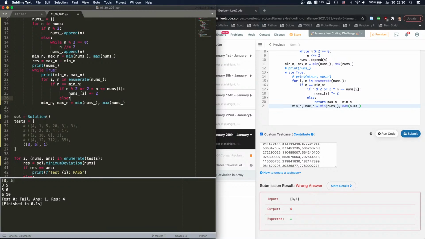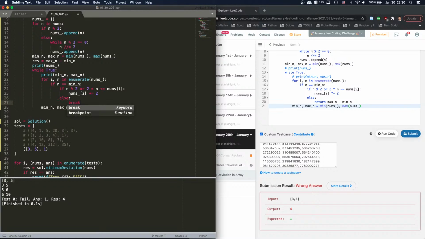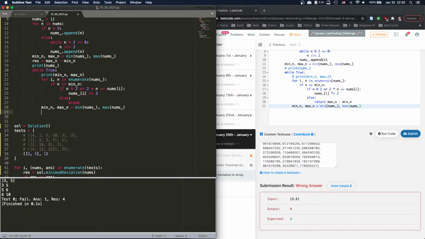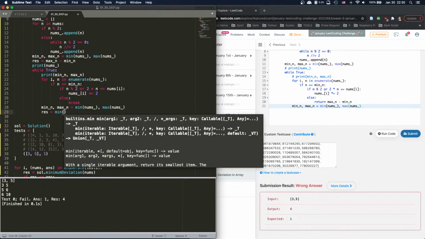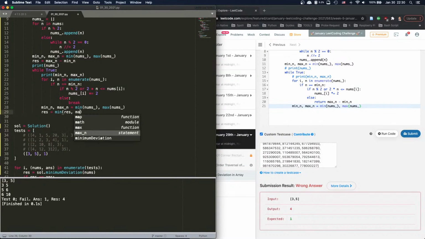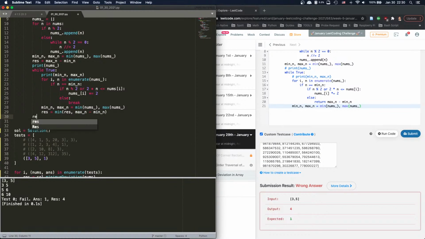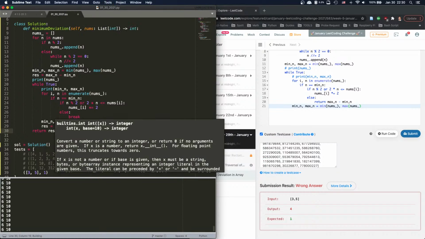Yeah, else I'll just break it. Res equals new res max, and then yeah. Oh shit.